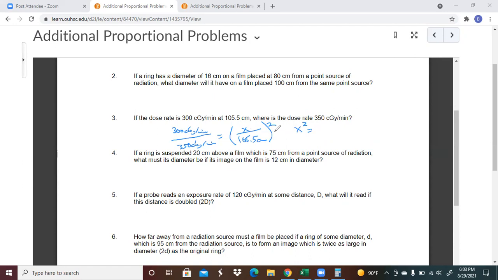If we multiply both sides by 105.5 squared, do the same thing over here, 105 squared. This means, and let me see if I can clean this up.